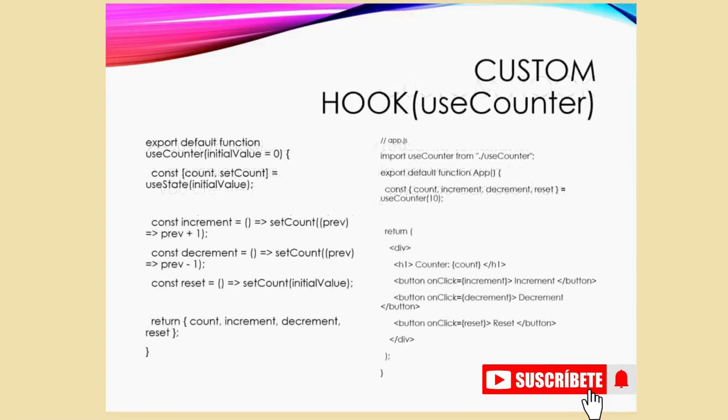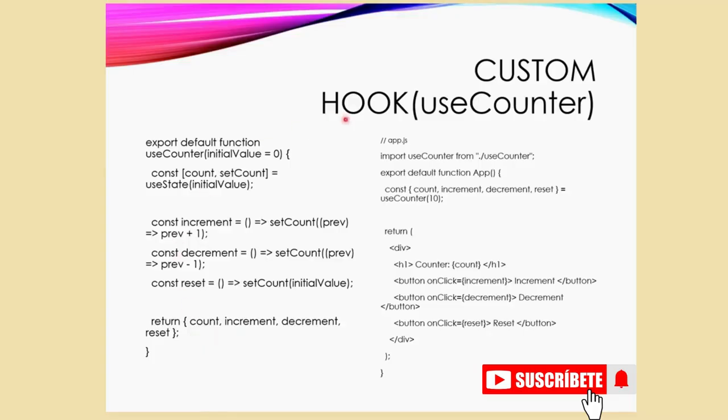Here I create useCounter, a custom hook. First initialize it: export default function useCounter, with initial value 0. I create count and setCount with useState for the initial value, an increment function, a decrement function and a reset function. I create three functions and return the count value, increment, decrement and reset.